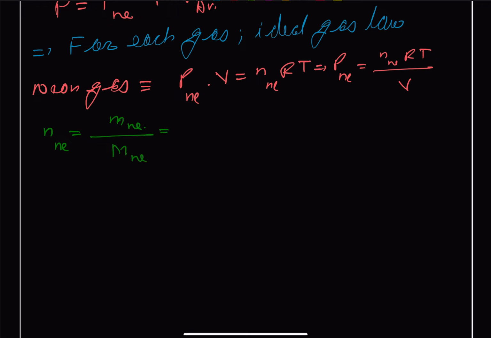So we get this as M_Ne divided by 20. From here we can say that the pressure for neon is equal to M_Ne upon 20, multiplied by RT, divided by V. And the same formulation we can make for argon also.